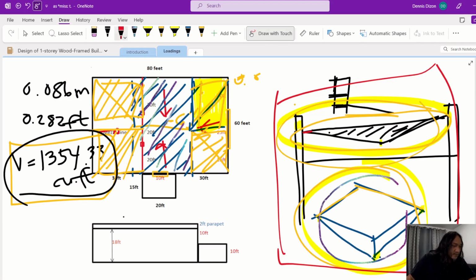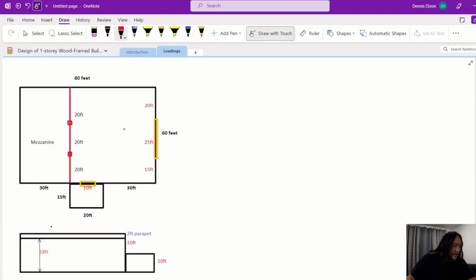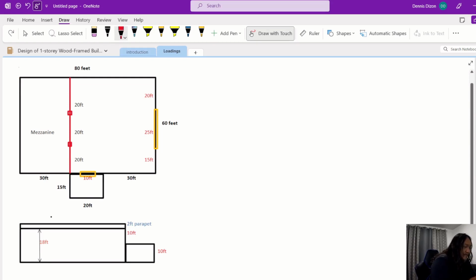So going back to the roof plan or the floor plan. Like I said, basically we have our distribution. We'll change the color. So this will be our roof slope.